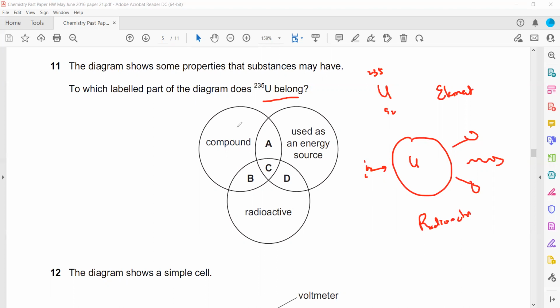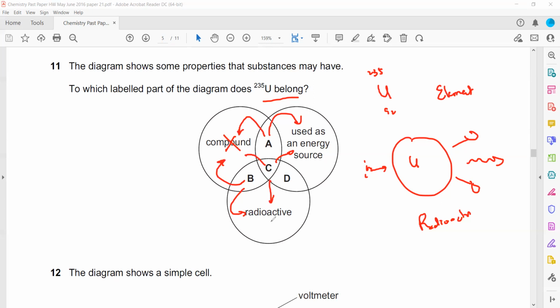So which option does it match with? If we select A, it means it is a compound and used as an energy source, but that is wrong. It cannot be a compound. If we select B, it means it is a compound and radioactive, but it cannot be B because it is not a compound. If we select C, it means it is an energy source, a compound and radioactive.